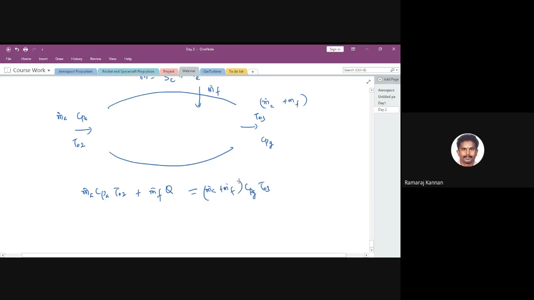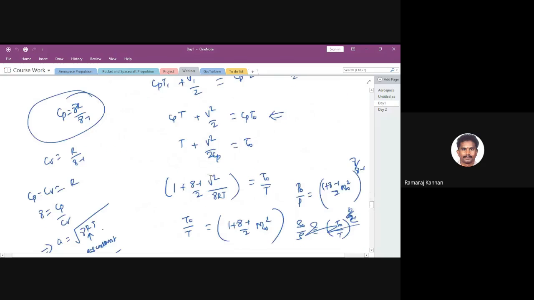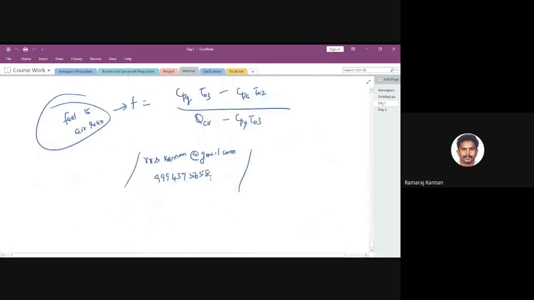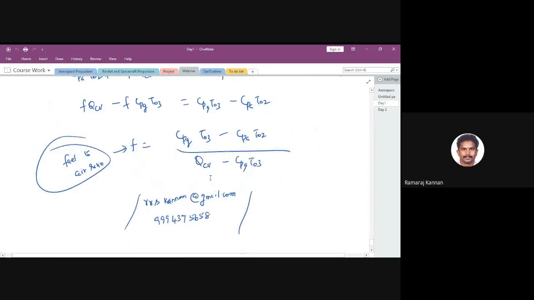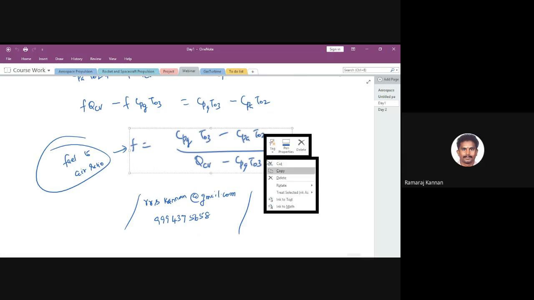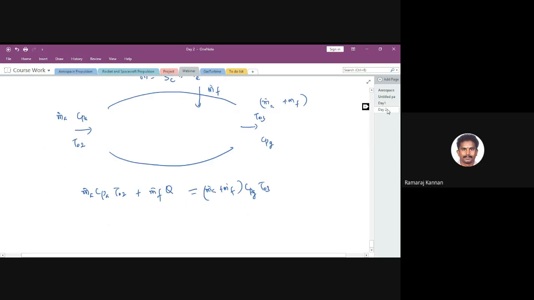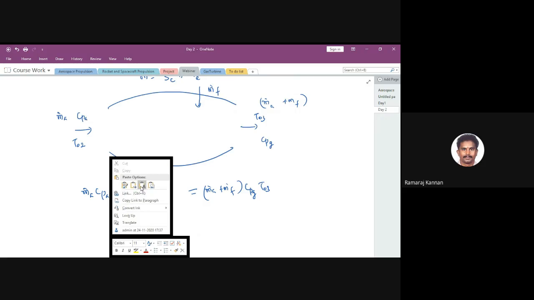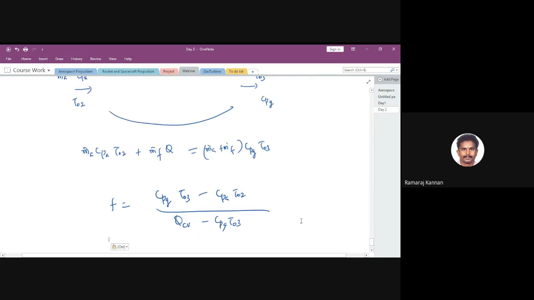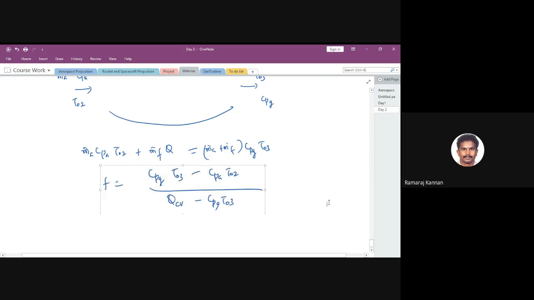Even in the last day's class, whatever we have written. So this is the value, F, and this is the one we are going to get. F is nothing but your fuel to air ratio.